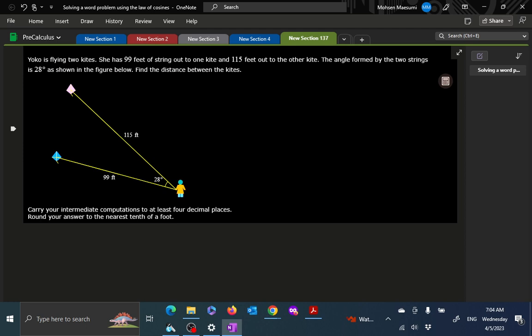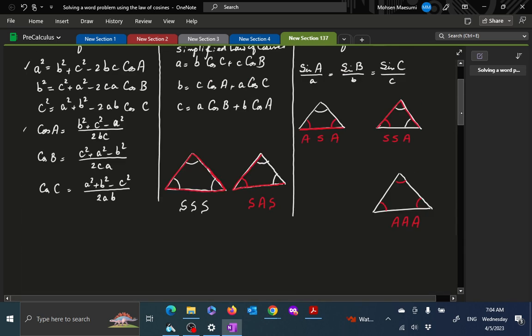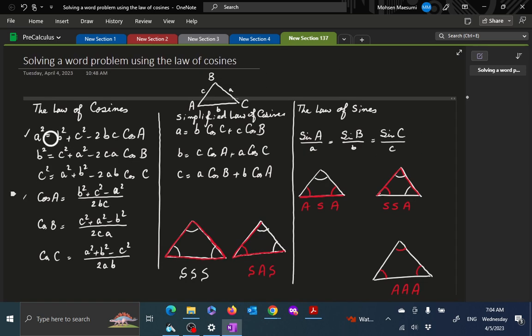What we want to do is find the distance between the two kites. Well, this is a simple example of side, angle, side, and a simple application of any of these laws of cosines that we have here.